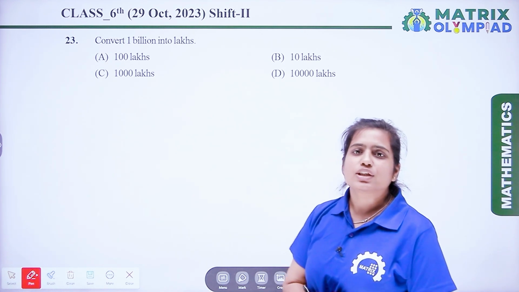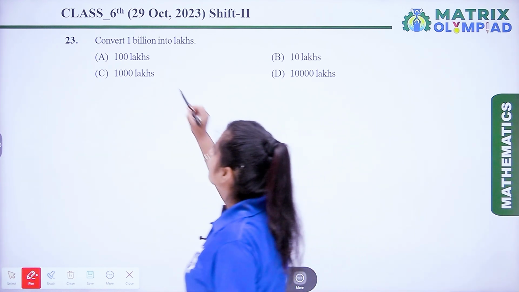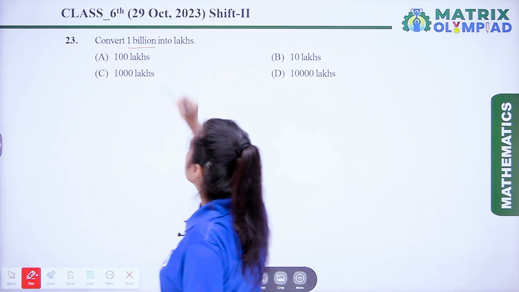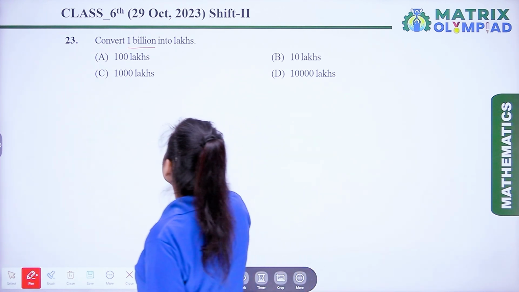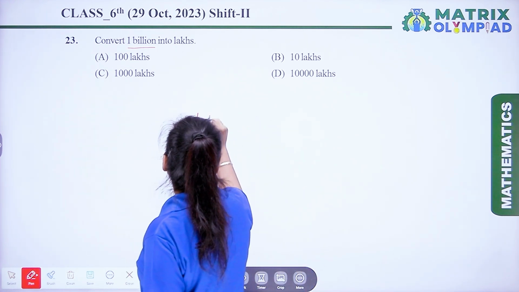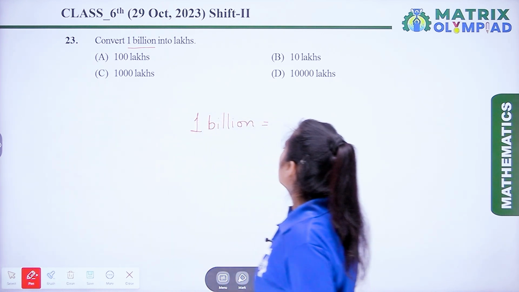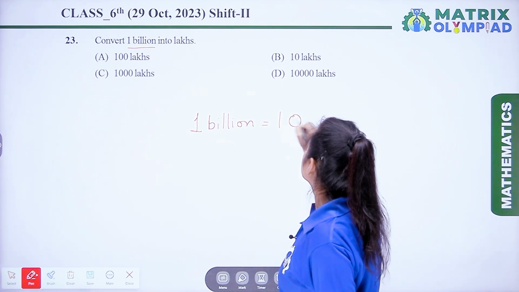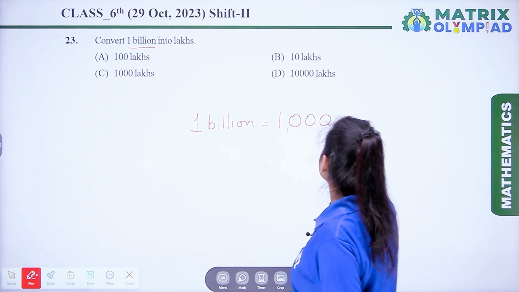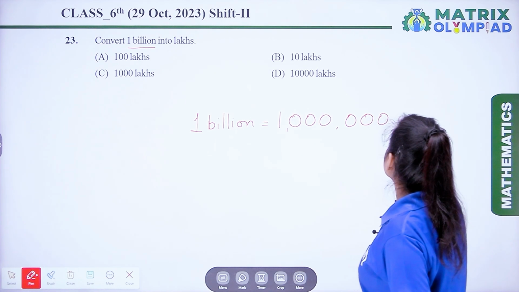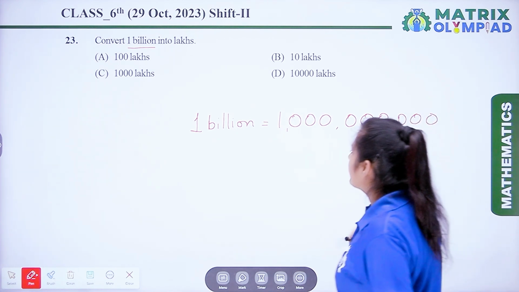Now the next question is question number 23. In this question, we have to convert 1 billion into lakhs. So first we write down what 1 billion is. 1 billion is represented like this.